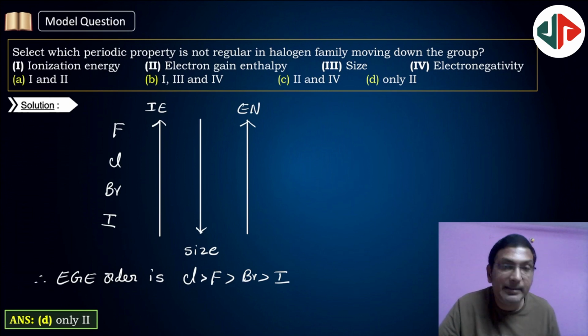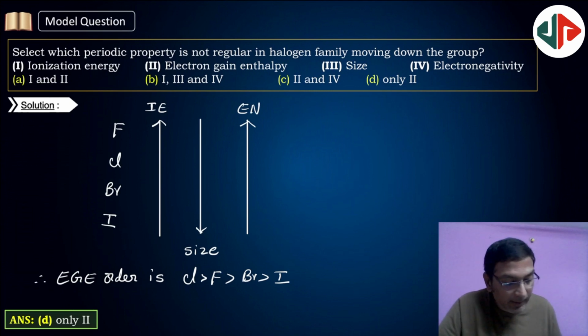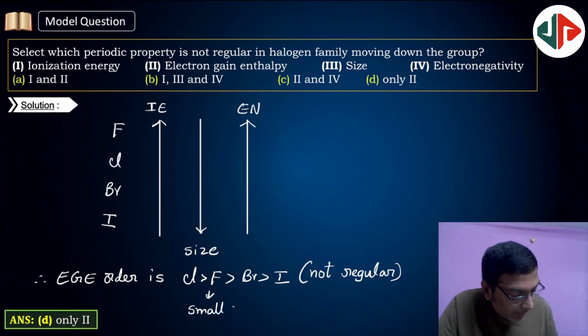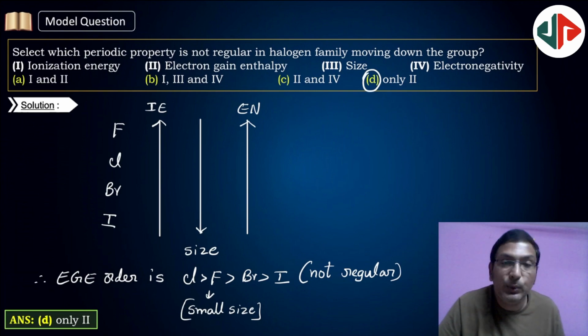Ionization, size and electronegativity are regular. So here irregular, not regular. This is due to small size of fluorine. Therefore, option D. That means statement 2.